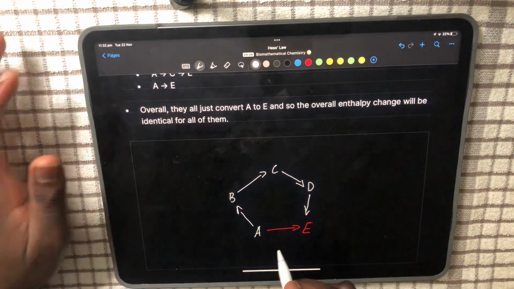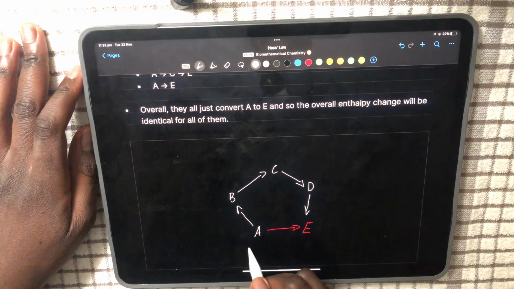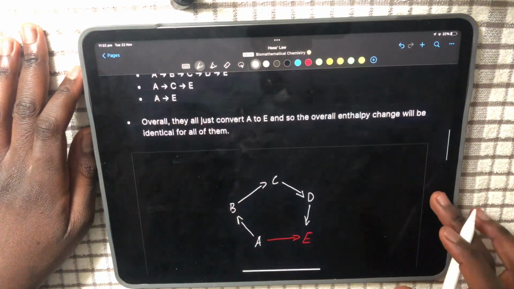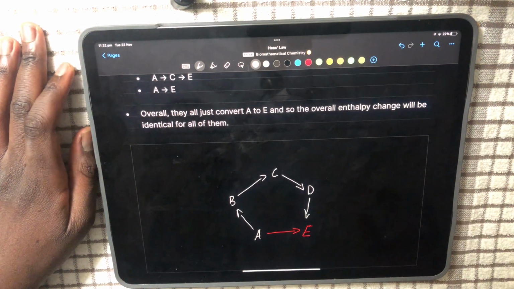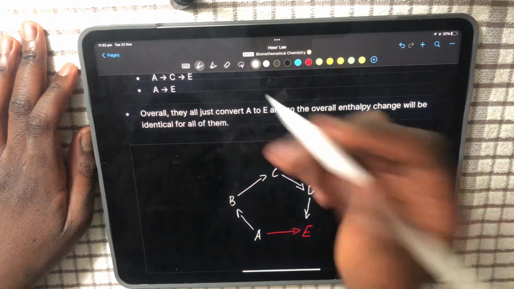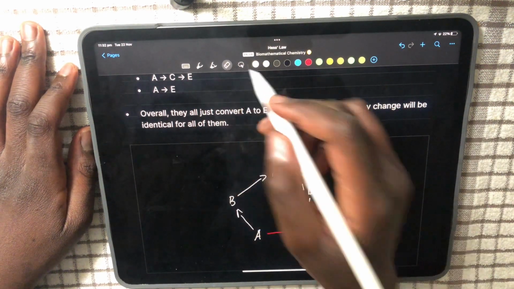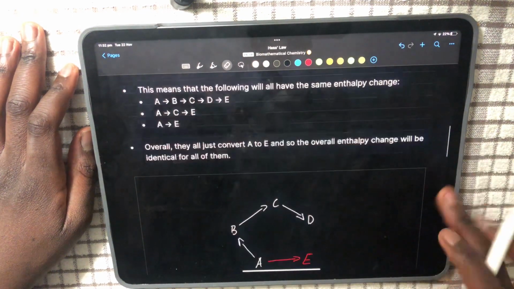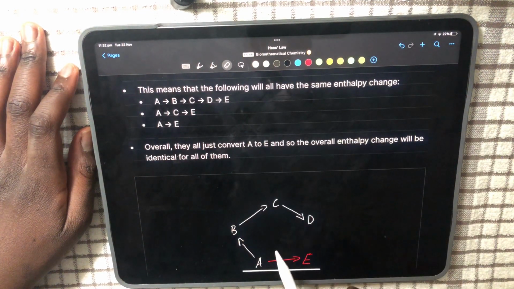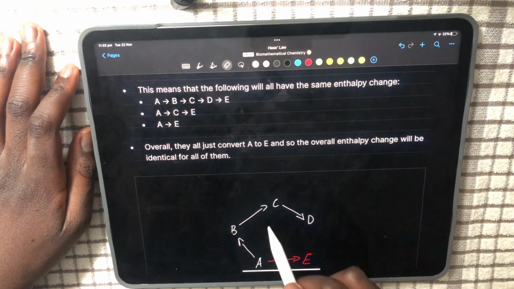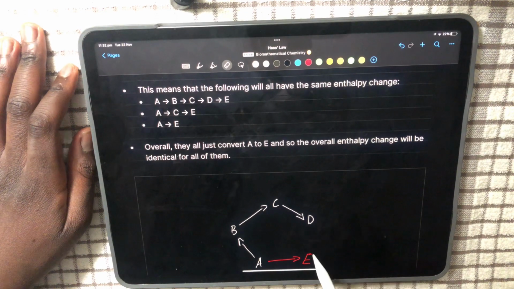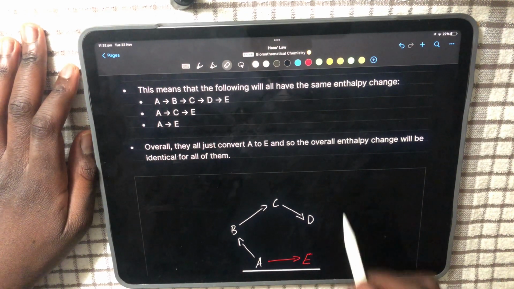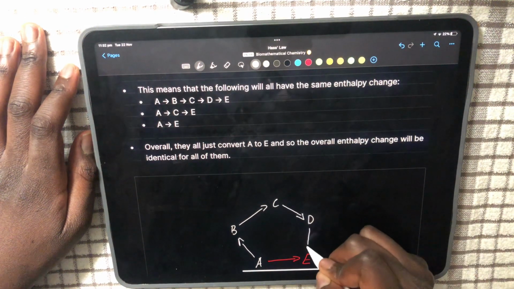And this is just following that vector rule. And even if, let's say for example, we don't know what I've just drawn here. So A to E is the same as going from A to B, B to C, C to D. If you add them all together, that would be A to E, right? Actually, I'll write out what it is here.